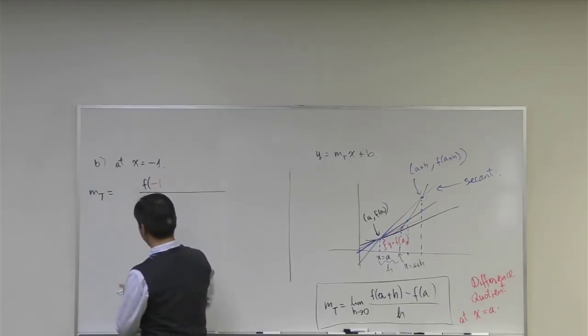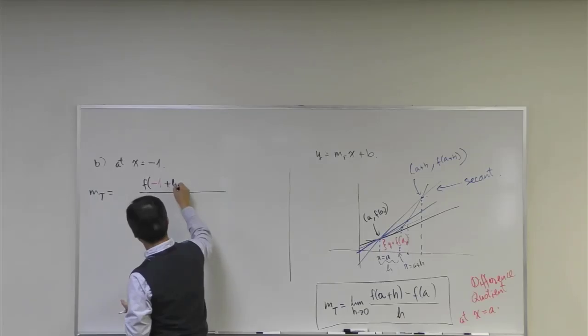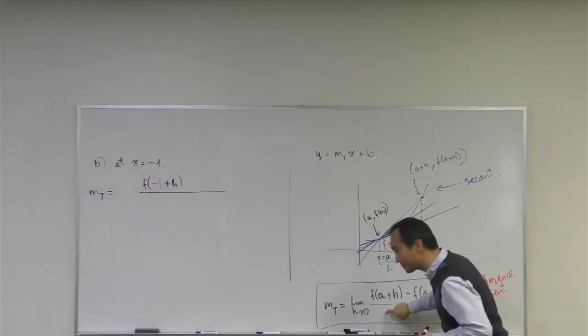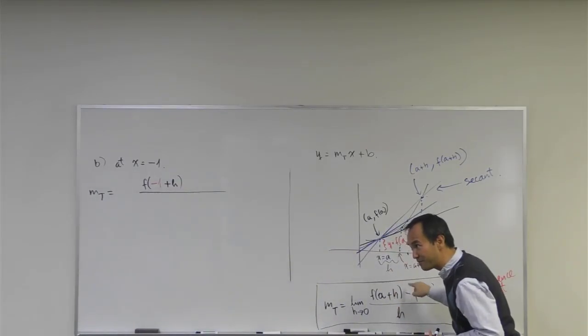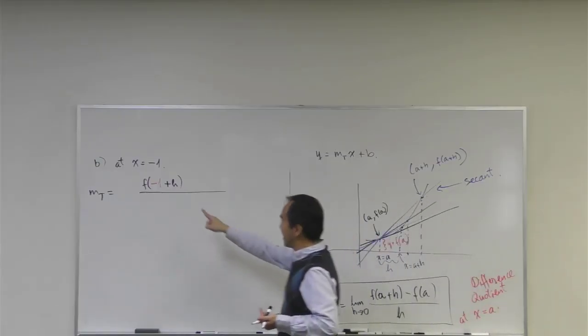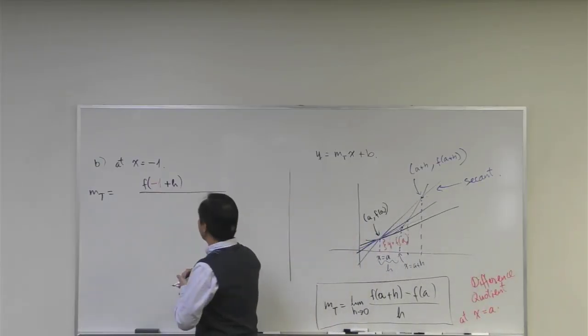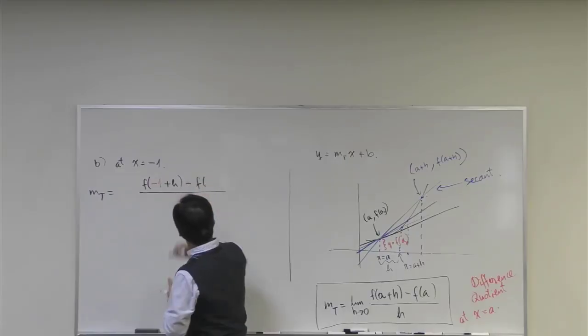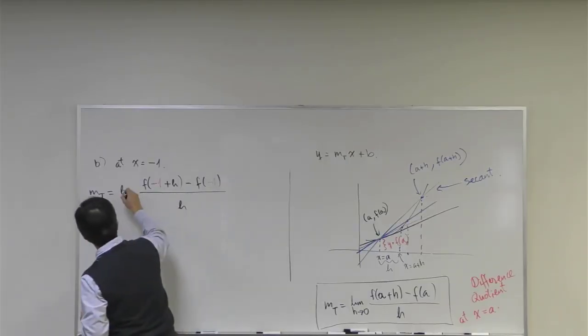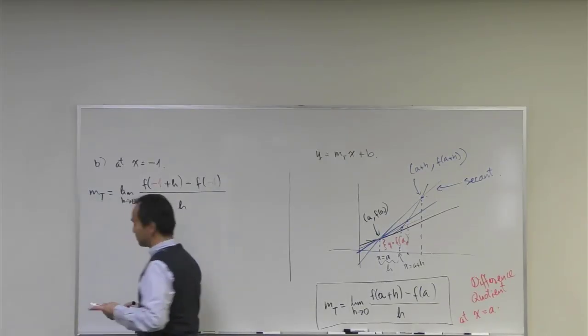Right? -1 plus h. Just write it down in that exact form how the formula looks. f of a plus h, right? Minus f of a. And so a in our case here is -1. So I'm subtracting f of -1, right? That's divided by h. We're taking the limit as h goes to 0.